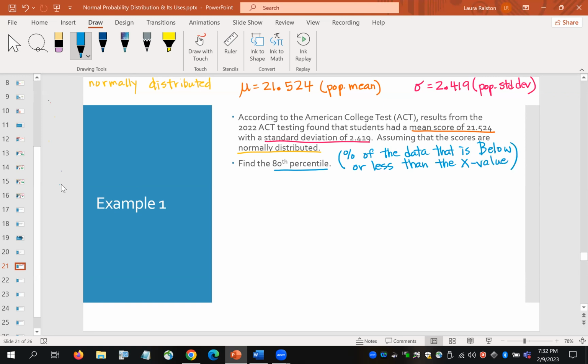Anytime you are interpreting or thinking about a percentile, by definition, a percentile is the percentage of the data that is below or less than the X value, which means for us that the percentile is a left tail.